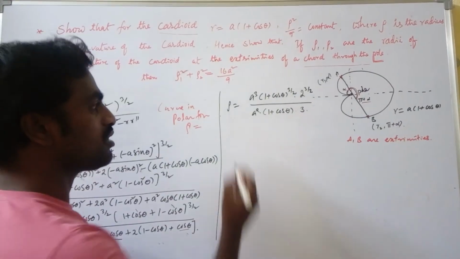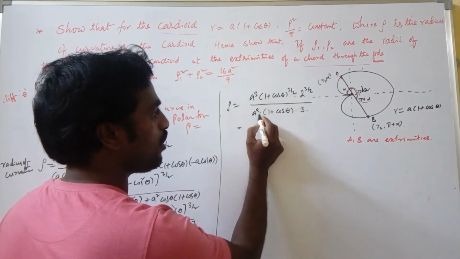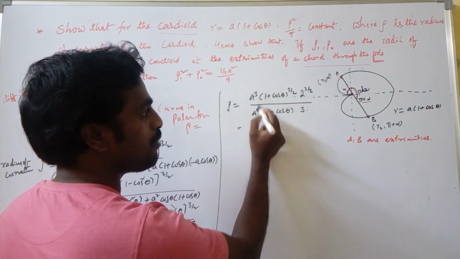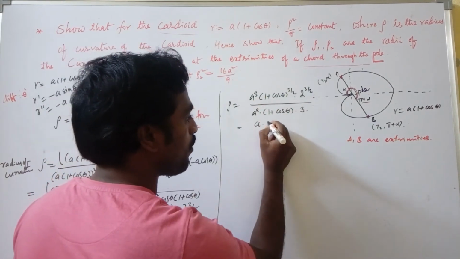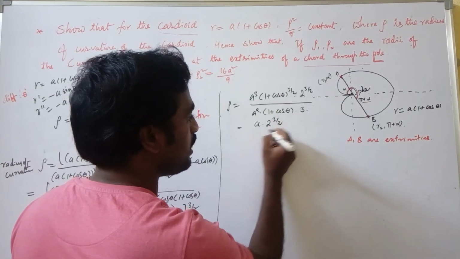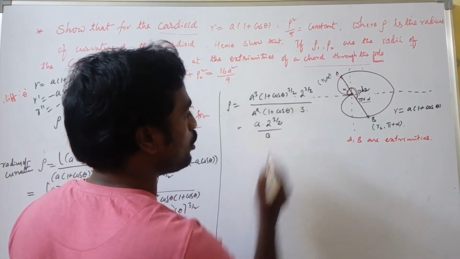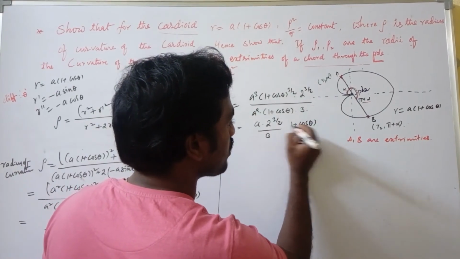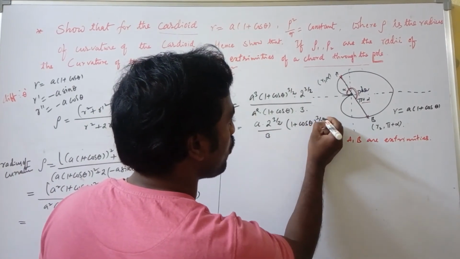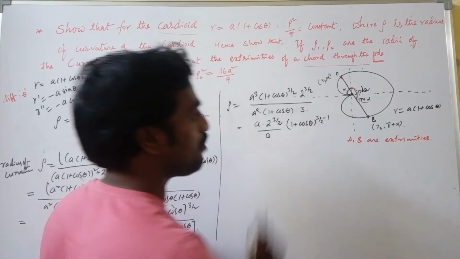Next, simplify that. So a power 2, a power 3 and a power 2. That a power 2 power 3 will be cancelled. The numerator is a into 2 power 3 by 2, which is constant. The denominator is 3. And next the numerator is 1 plus cos theta, okay, 1 plus cos theta whole power 3 by 2 minus the denominator, which is 1, or minus 1.